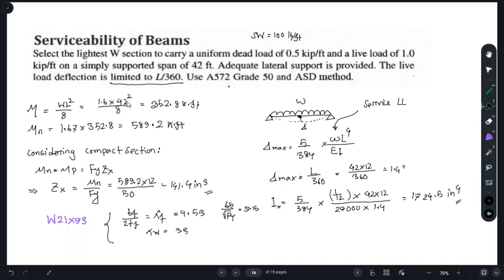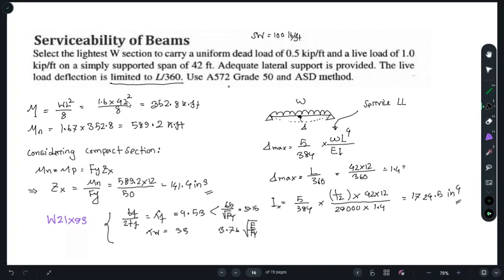So you can see that your lambda value is less than the maximum lambda value it can get for a plastic moment. Your lambda w, which is another criteria, the maximum value it can be is 3.76 root E over fy.